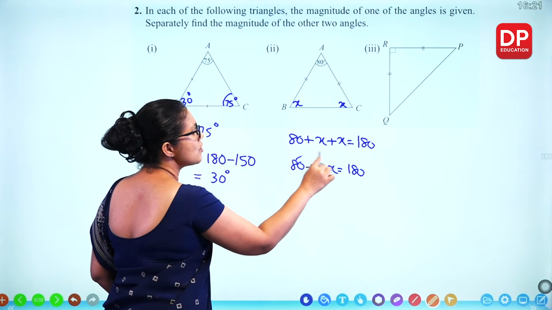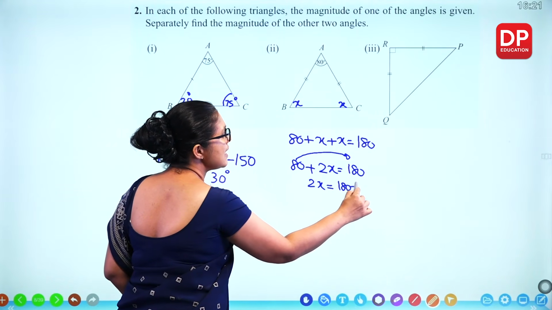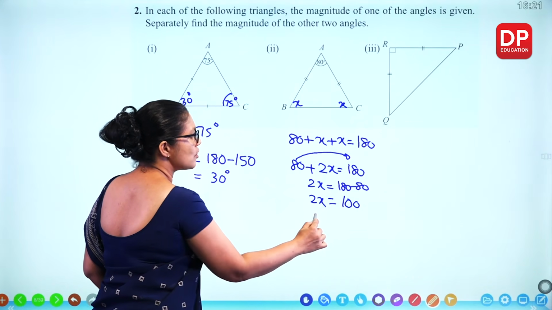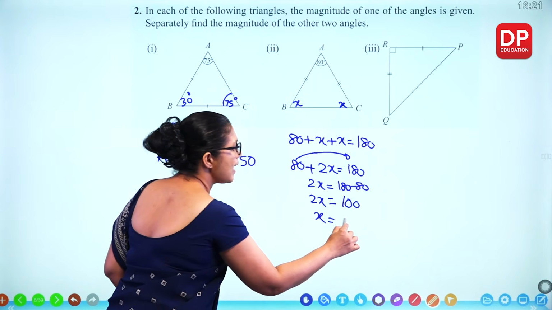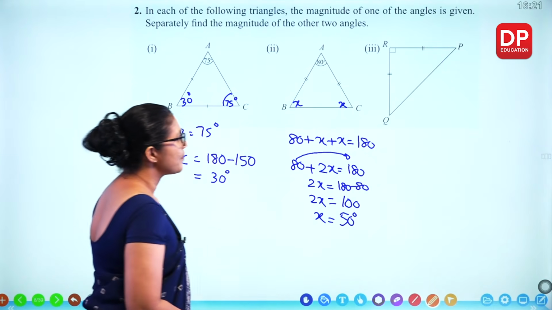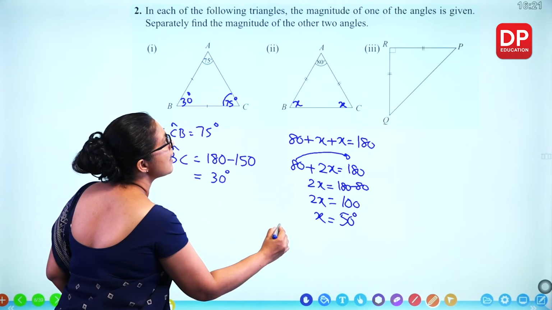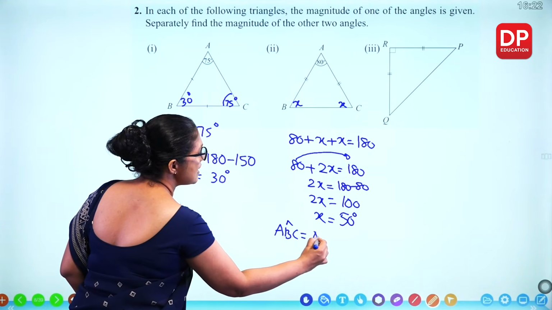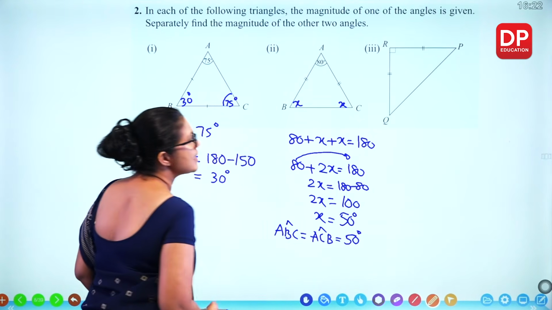So take 80 to the other side. 2x becomes 180 minus 80. That's equal to 100. So what is x? You divide by 2, you get 50 degrees. So now you found this is 50 and this is 50. So we can write ABC angle is same as ACB angle. That's equal to 50 degrees.